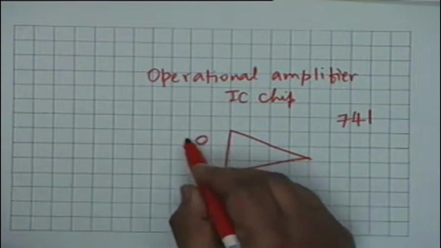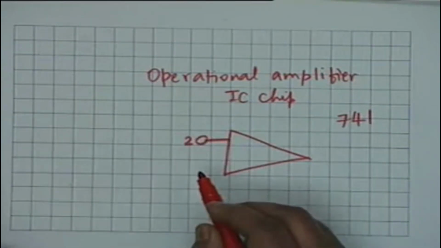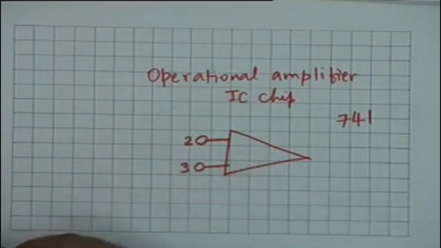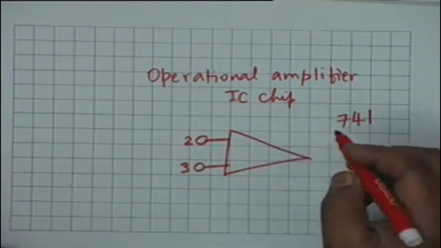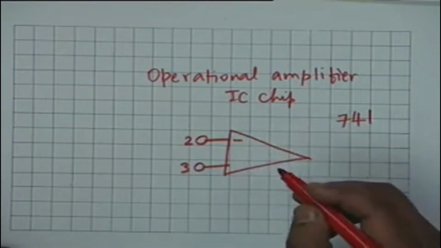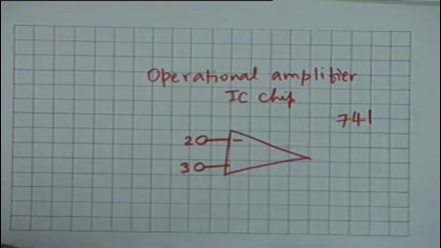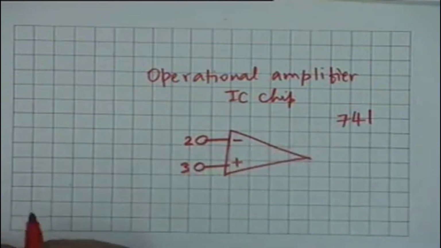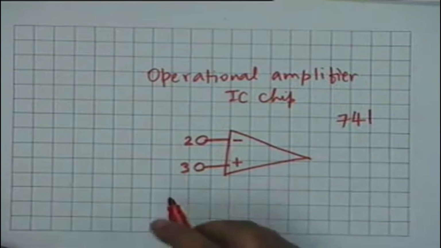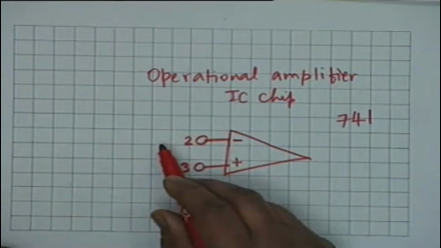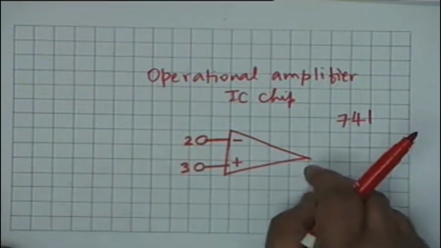Pin number 2 is an input connection, pin number 3 is also an input connection. Pin number 2 is called inverting input terminal and a minus sign is included here. Pin number 3 is called non-inverting input terminal, and the significance is that if you provide an input at pin number 2, the output shall be phase reversed.